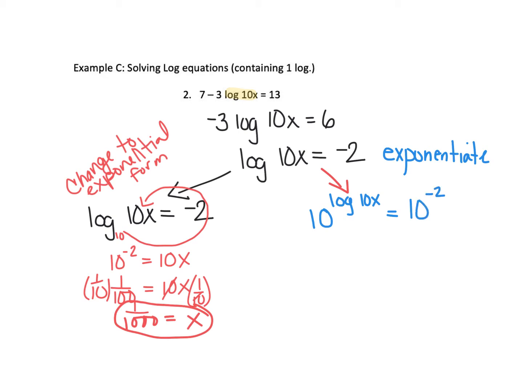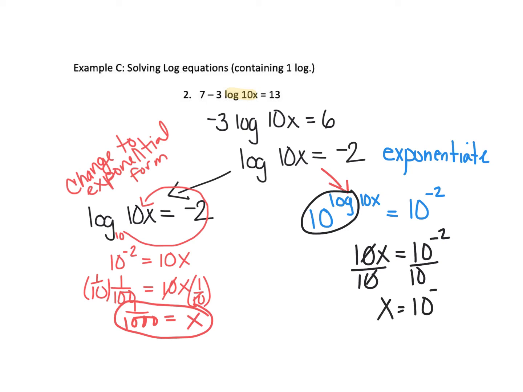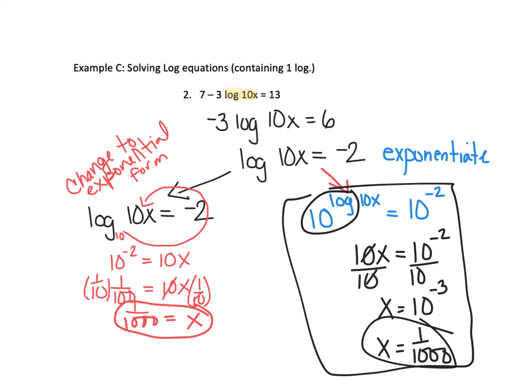Well, I have an inverse right here. 10 to the log of base 10 of 10x will undo each other and just leave me with 10x is equal to 10 to the -2nd. So I could divide both sides by 10. I get x equals, keep my base, subtract my exponents, would be 10 to the -3rd, which is also 1/1000th. Okay, so pick the method you like best and do it well.